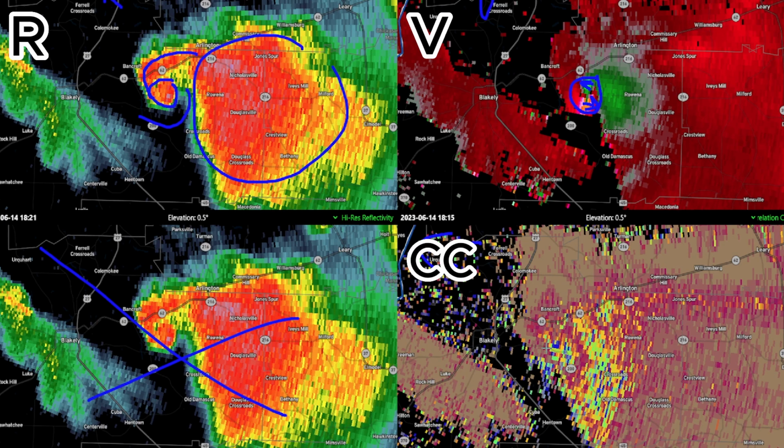And then as for correlation coefficient, you can't really see it all too well on this current scan. However, there is a little bit of a correlation coefficient drop at the very end of that hook echo, with the faint hook echo right here. So that is going to be maybe dust or leaves or branches being lofted into the atmosphere by the tornado.